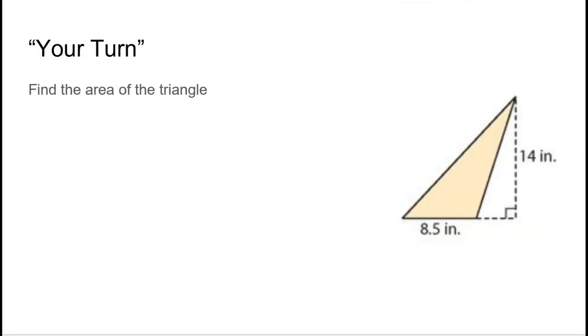Okay. This time the only difference is our base has a decimal. Don't panic. Do it the same way we've been doing. So the first thing we do is we write down our formula. Area equals 1/2 base times height. We plug in the information we know. So we know our base here is 8.5.